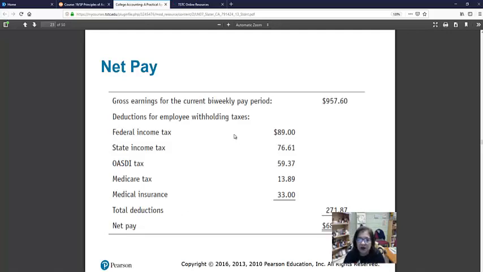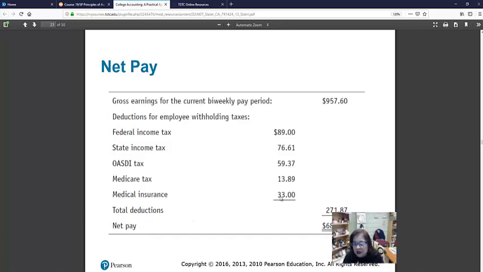So this is what we're saying. Now remember, Stephanie made $957.60. That's gross. Now, she had federal income tax based on her tax tables removed, state income tax, part of the Social Security tax that was taken out, part of the other Social Security tax that was taken out for Medicare, Medicaid. She also has medical insurance.